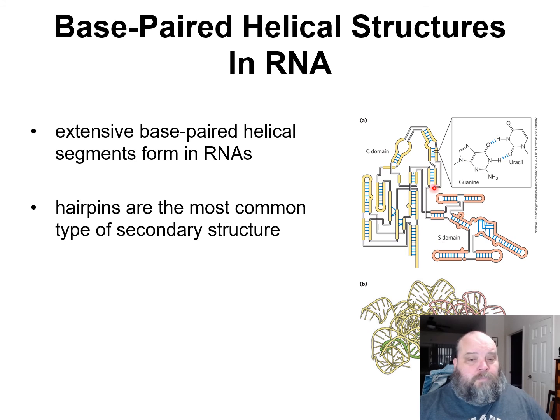You look here above my head. It's better if you look in the textbook. This is tRNA. It's one long strand of RNA that bends back on itself in multiple places, multiple ways, forming these hairpin loops.